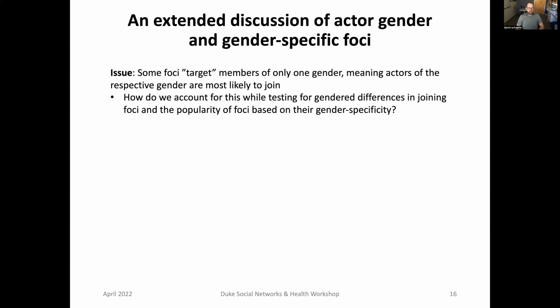And so I should mention, one thing we could do is put structural zeros in our network, and simply make it impossible for boys to join girl activities and for girls to join boy activities. That's one possibility. But in actually looking at our data, we realized there are a few girls in boys activities. There are a few boys in girls activities.